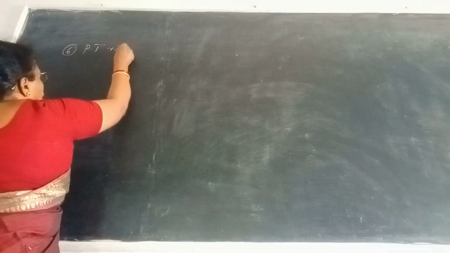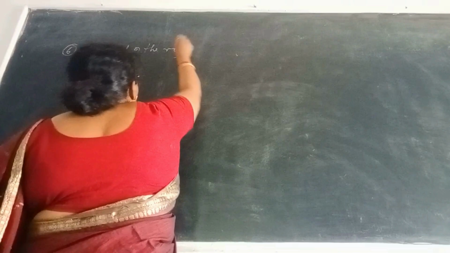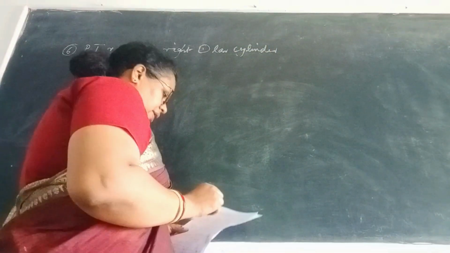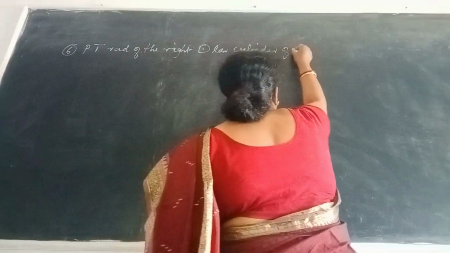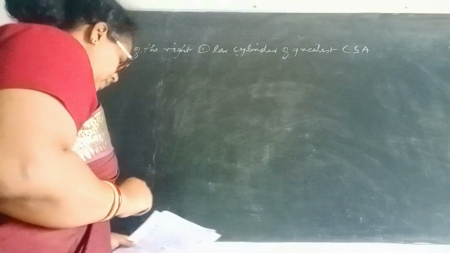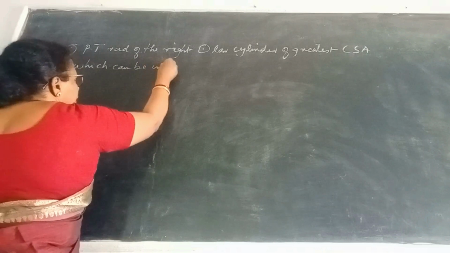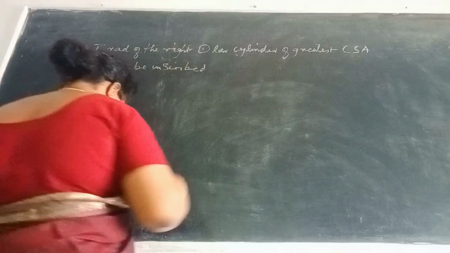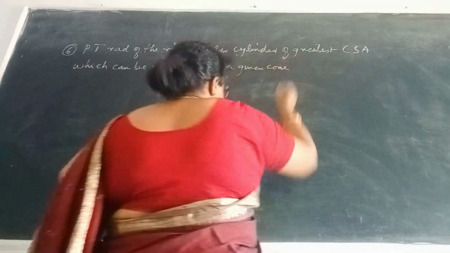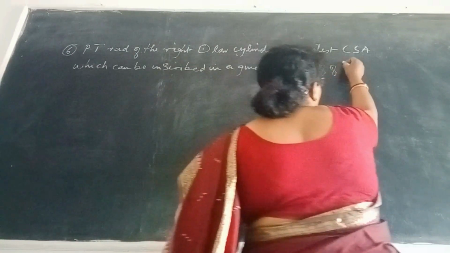Prove that the radius of the right circular cylinder of greatest curved surface area, which can be inscribed in a given cone, is half of that of the cone.